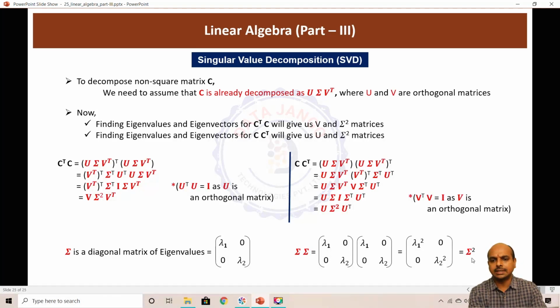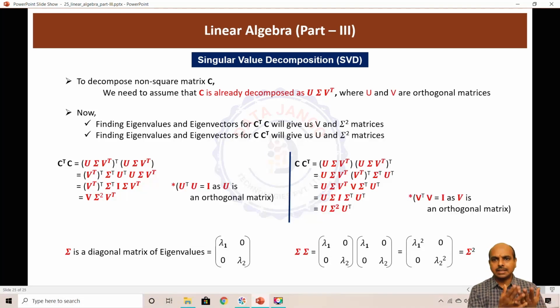So you can call it capital sigma square. So that is V sigma square V transpose. What is this? It's a decomposition. So you take the C transpose C matrix and decompose it, you get three matrices which are nothing but V, sigma square and V transpose. That's it.